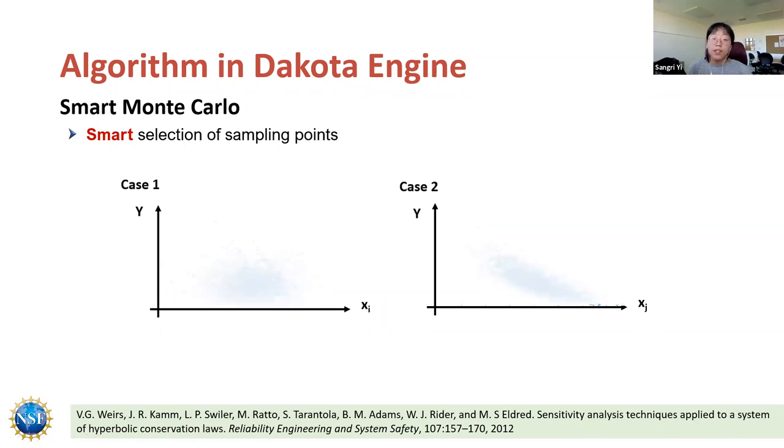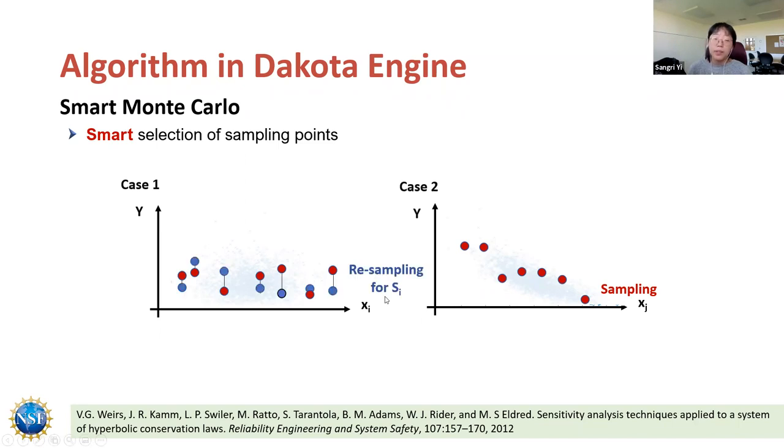So instead of running just Monte Carlo simulation, it first generates a few Monte Carlo samples, and then it performs something called resampling. Given the first set of samples, it wants to generate another sample set that shares the same xi value.